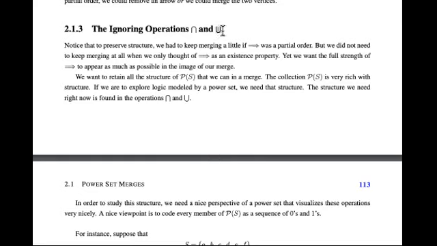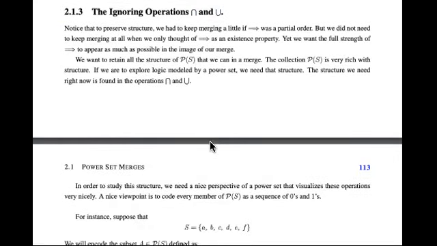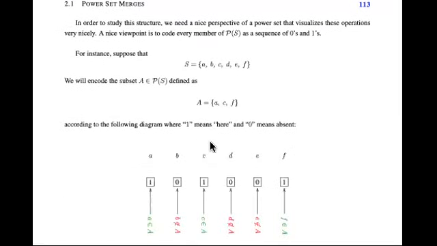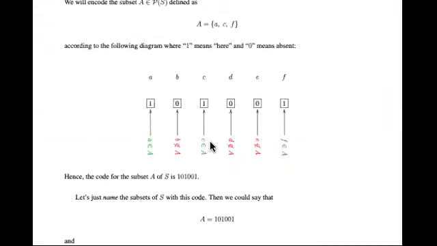This section discusses union and intersection in another way of looking at it, which will help us understand these merges a little better. So let's take a look here at an example.